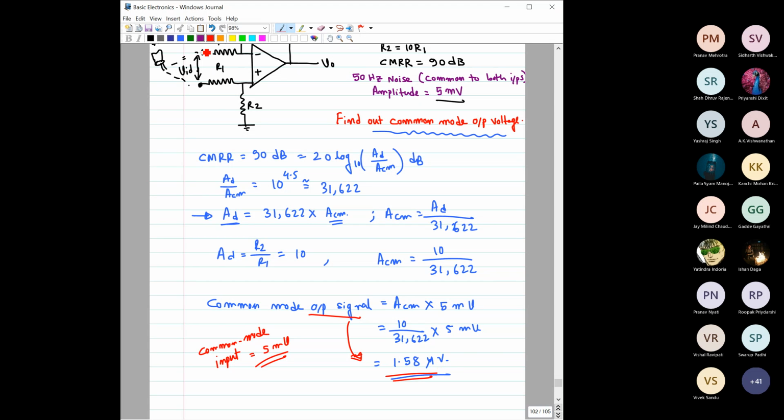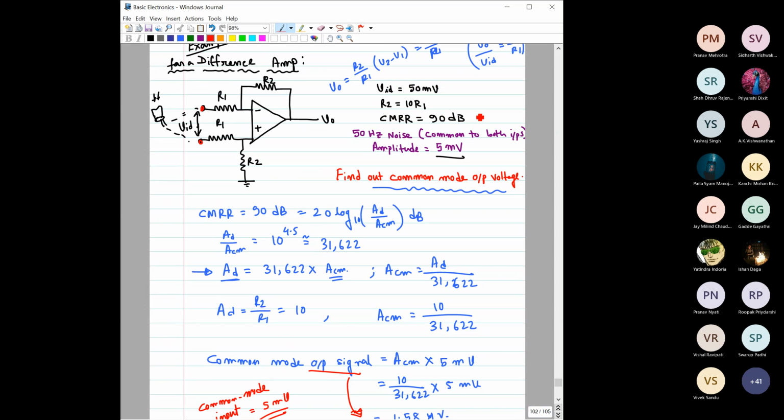So you can see here, even though there is a common mode signal applied between these two terminals, this op-amp has the capability to significantly suppress that common mode input. And that is because of the very high CMRR of this particular op-amp, due to which it is able to suppress it. Is this clear?